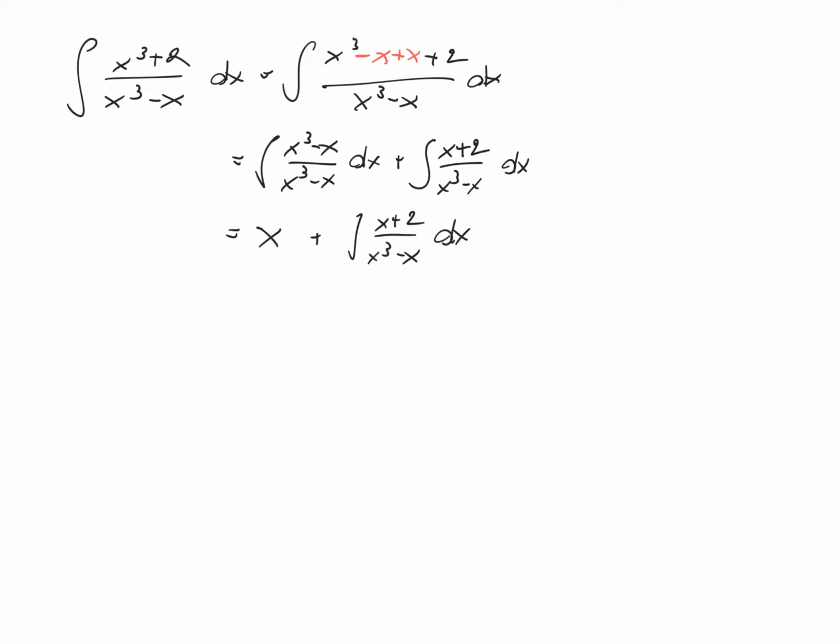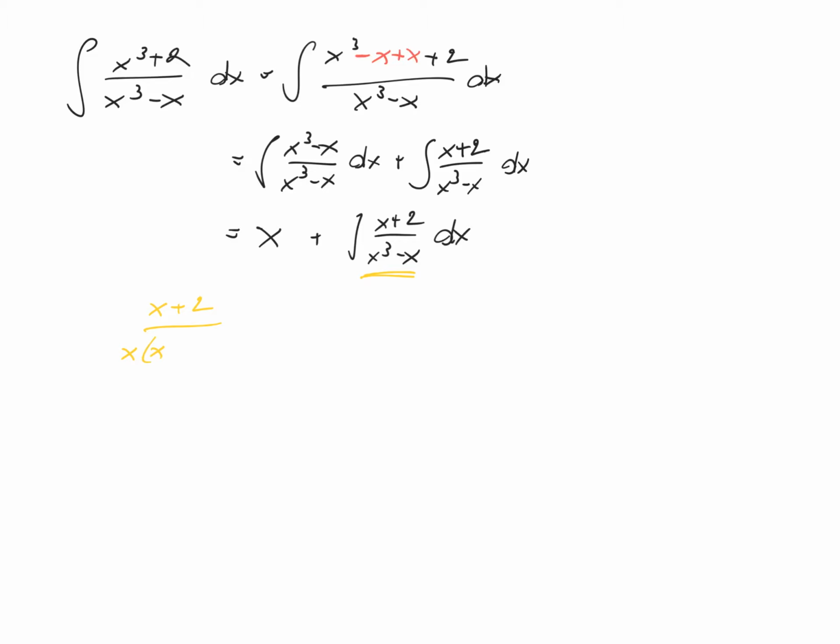So here, the degree of the numerator is 1, which is strictly smaller than the degree of the denominator, which is 3. We will then try to split this into partial fractions. So we have x plus 2 divided by x to the power 3 minus x. Of x to the power 3 minus x, you can take out one of the x's, and then you have x squared minus 1.